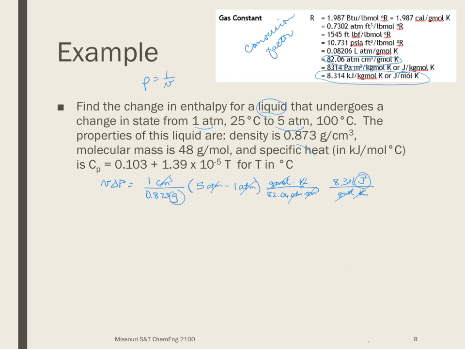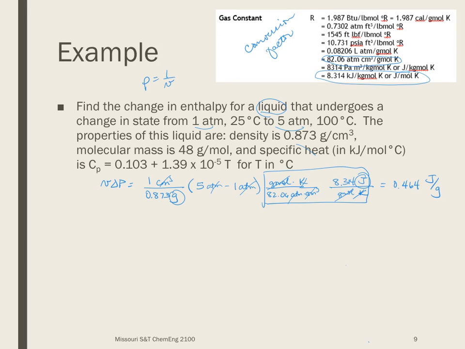I'm left with joules per gram. And so the change for the V delta P piece is 0.464 joules per gram. So you'll see that I just have a ratio of these two pieces. It gives me a conversion factor that gets me to energy units. If you try it a few times, you'll find that it's actually very convenient.